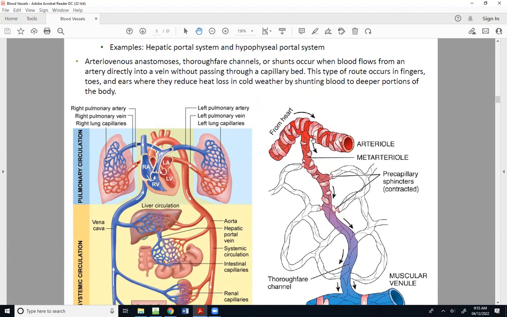And so we skip from the arterial side into the venous side. We only have this occurring in places like our fingers, our toes, and our ears. And this is what we do when we get really cold, so that we reduce heat loss and can keep that blood deeper in our body, so that we don't continue to see body temperature dropping.